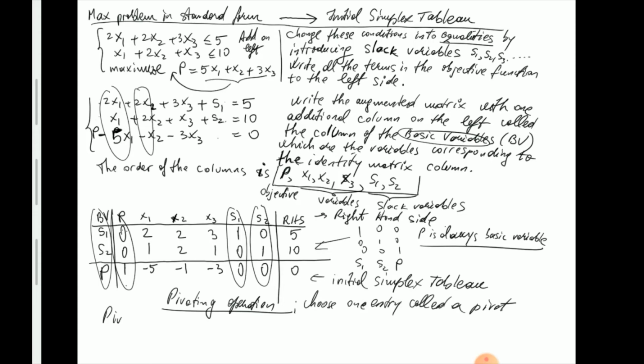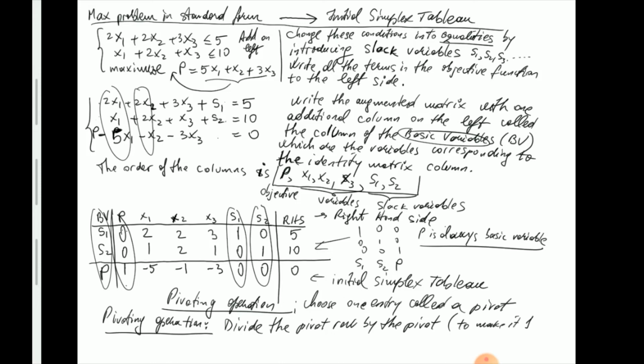So the pivoting operation entails the following. You're going to divide the pivot row by the pivot to make it 1, basically. So you create essentially a 1, just like you create leading ones in the Gaussian elimination.